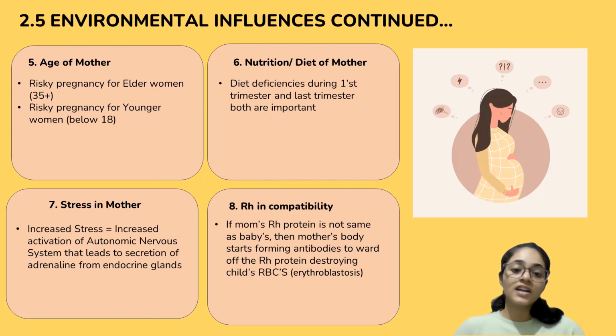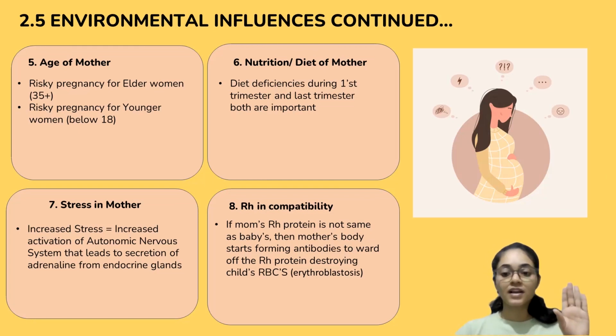And lastly, we have the RH incompatibility. So RH is basically an antibody protein. Now, if mom's RH protein is not the same as that of the baby's, let's say if a mom is RH plus and the baby is RH minus, then mom's body will start forming an antibody to ward off the RH protein, thereby destroying the child's RBCs.